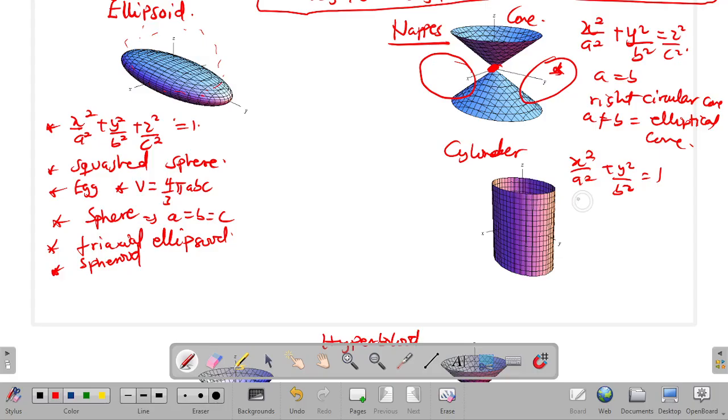For an elliptical cross section, A will not be equal to B. But if A is equal to B, then it means that our cross section is what? Circular. And therefore, our equation then becomes x squared plus y squared is equal to r squared. And this is the equation of a cylinder with a circular cross section, which you should take note.